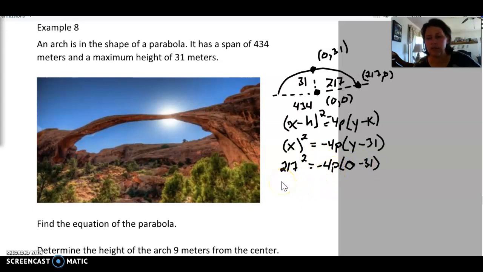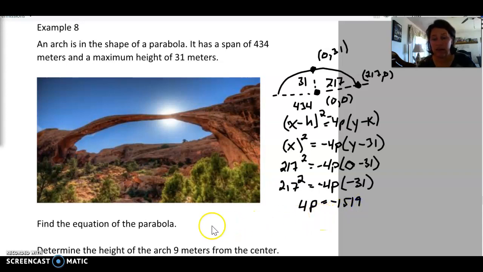So 217 squared is equal to negative 4p times negative 31. So I'm going to do 217 squared divided by negative 31, and that's going to tell us that 4p is equal to negative 1,519.